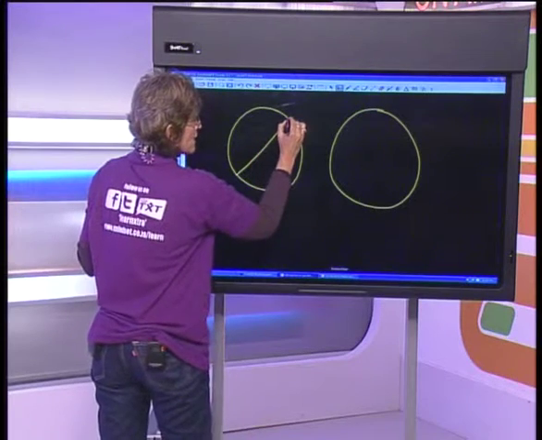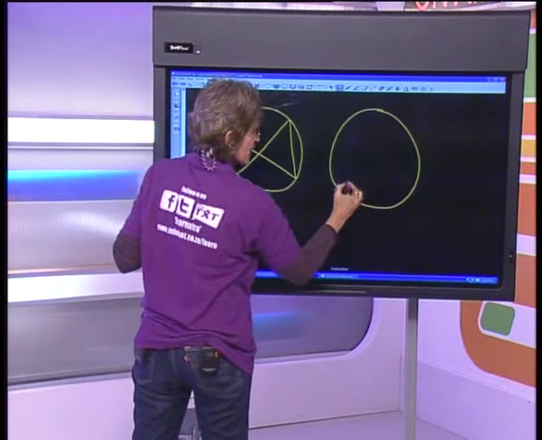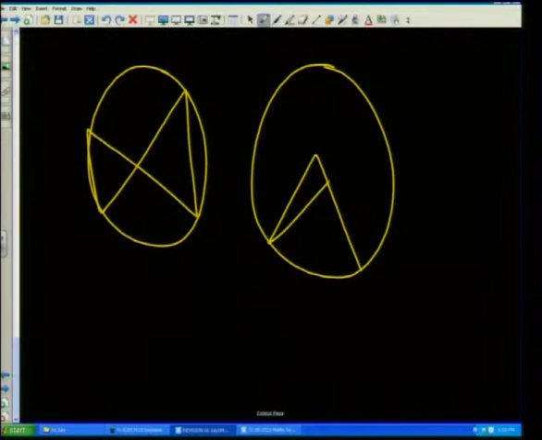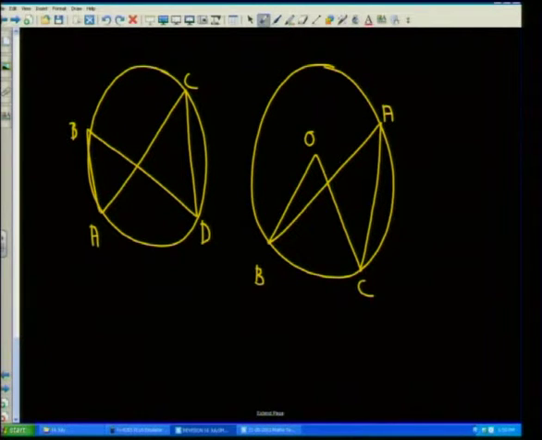Okay, so if I have this situation, I want you to look at this with interest, very subtle difference. All of these points, A, B, C, and D, are on the circumference. Now, this angle here would equal that angle there, and this angle here would equal that angle there.